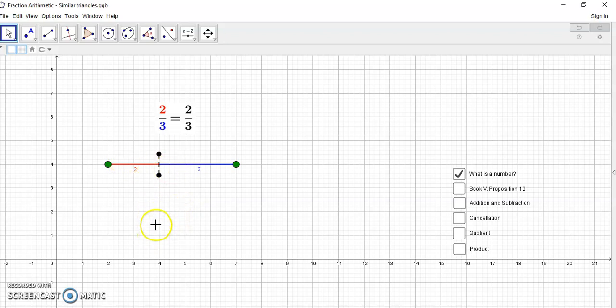And they both can. In this case, they can be measured by a line segment about as long as this distance that I'm pointing to, okay? So in other words, this distance measures both these line segments. And so this ratio here becomes the number 2/3, which is just a name given to 2/3, right?